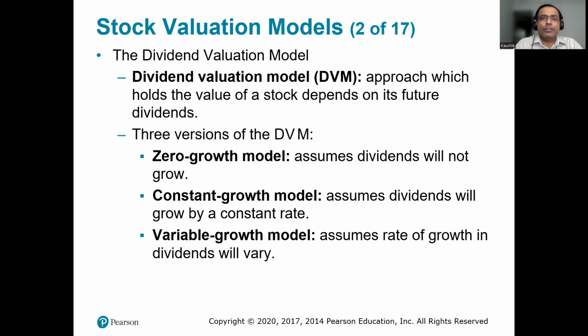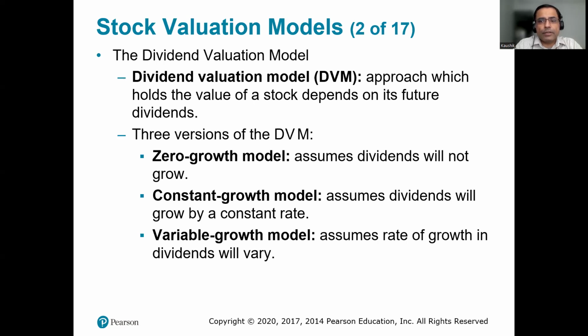The dividend valuation model looks at the dividend paid by the company, and based on that, it tries to find the intrinsic value of its stock. So there are three versions: zero growth model, which means the dividends do not grow in future.